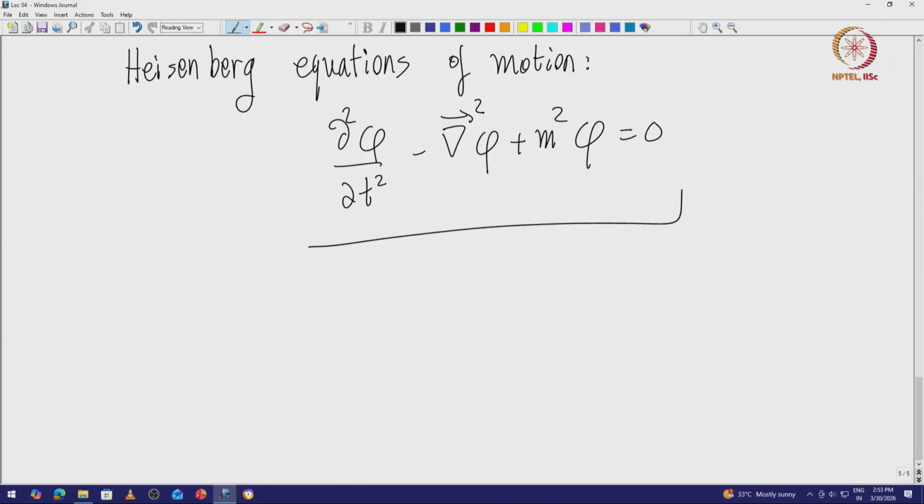So the Heisenberg equations of motion can be written in this particular fashion, and they are the same as the classical equations of motion.